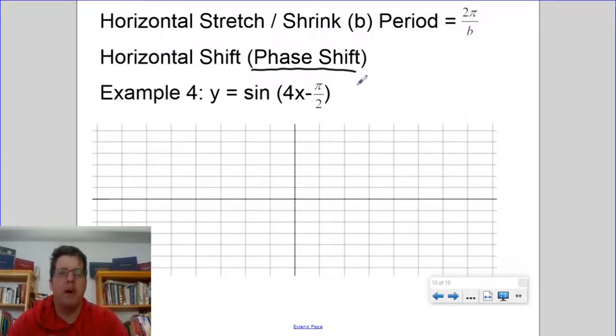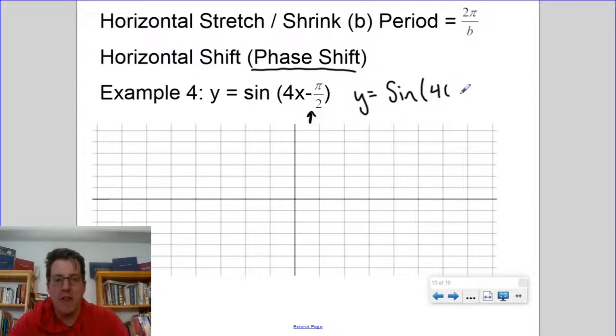One thing I want to remind you from the beginning of the entire year is that you need to think about what is being added or subtracted to x, not in this case to 4x. So you need to factor that away from the x, but you're not factoring it outside of the sine function. So you need to think about doing this type of factoring.